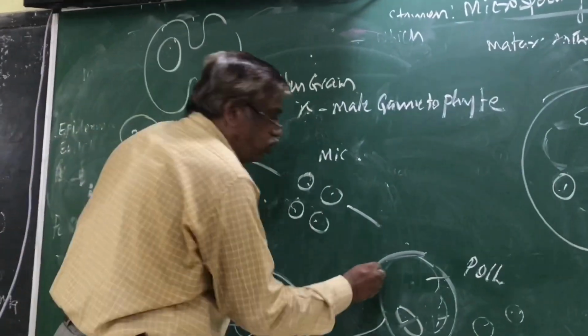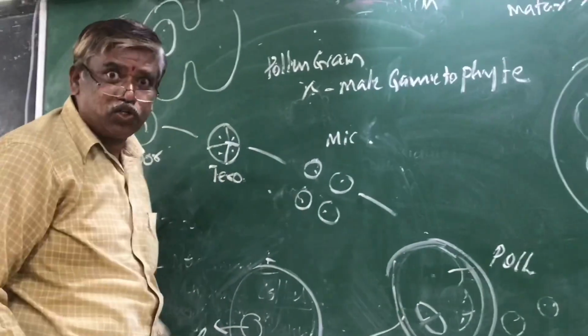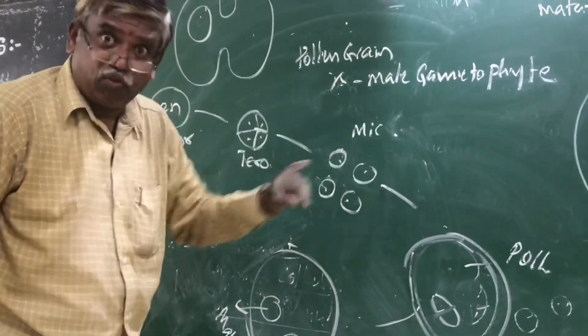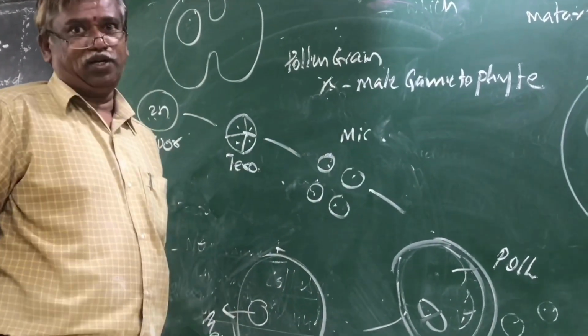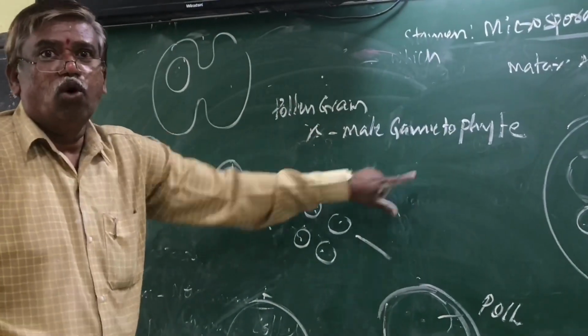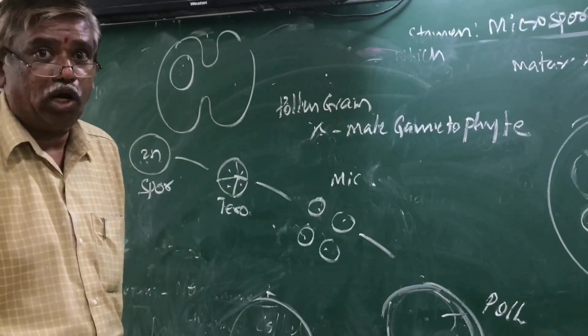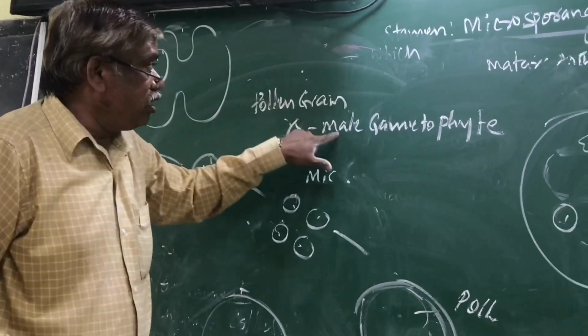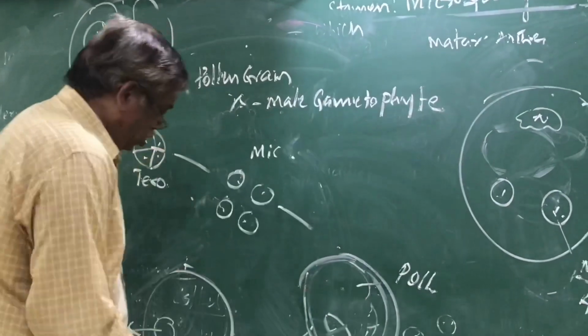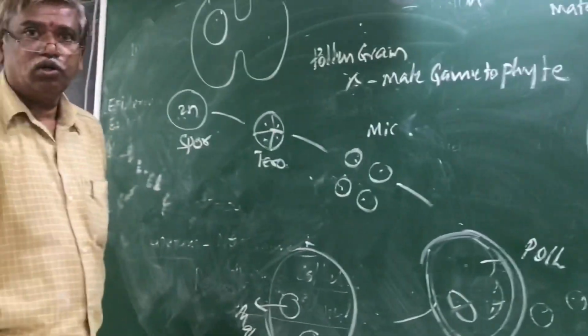Hence, the pollen grain is the male gametophyte. Who is called what? The pollen grain is called the male gametophyte. Without pollen grain, there are no male gametes.